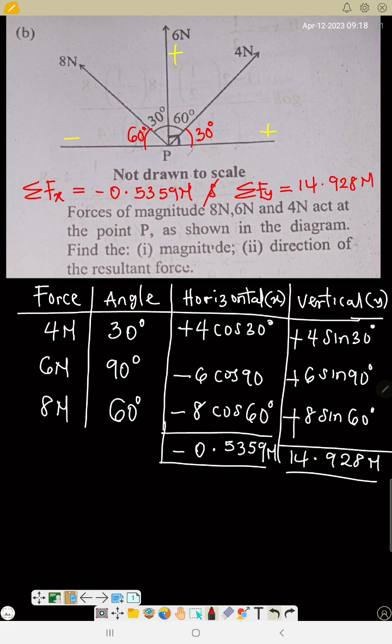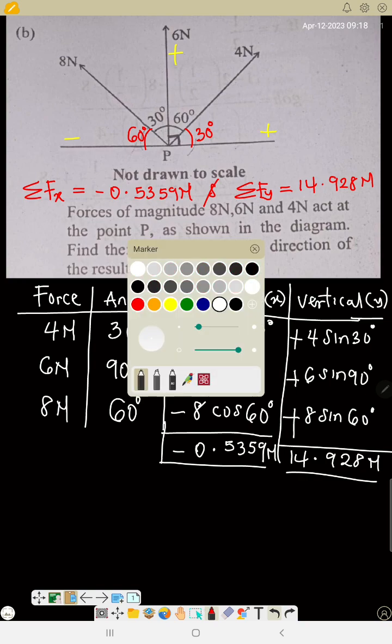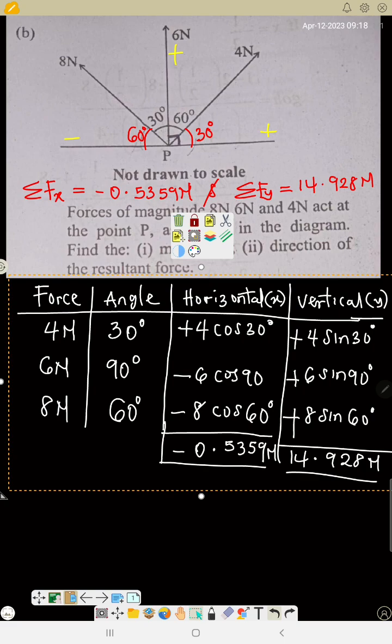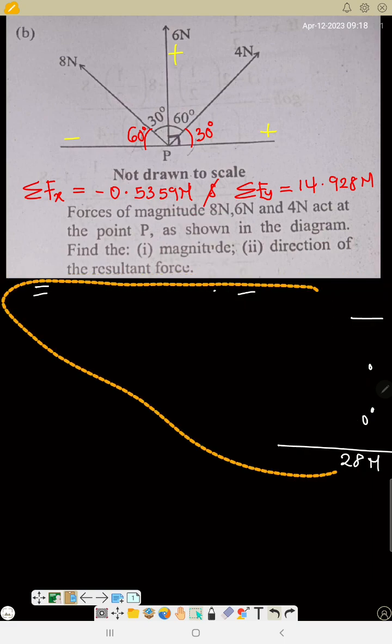So now from here we can find our resultant. So we have resolved everything now into horizontal and vertical.